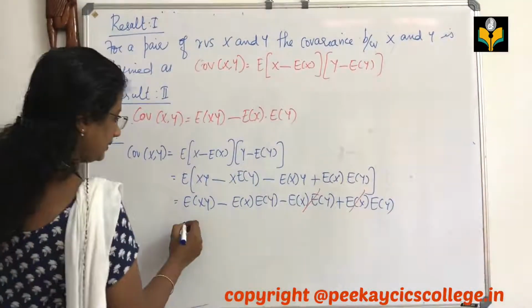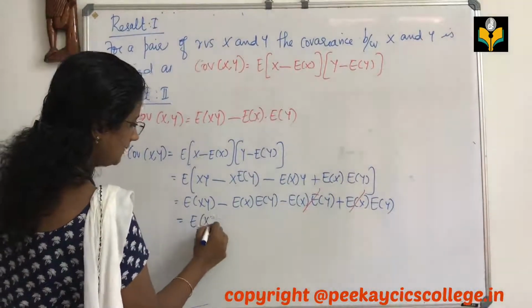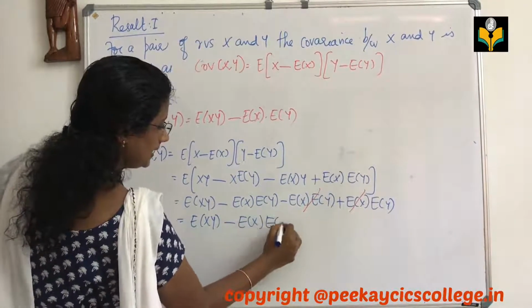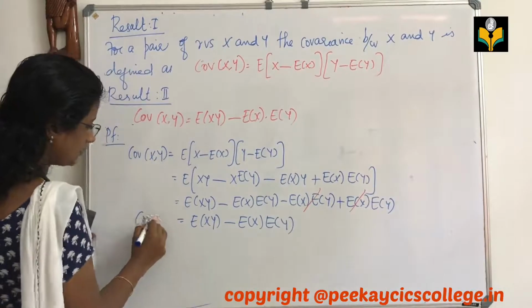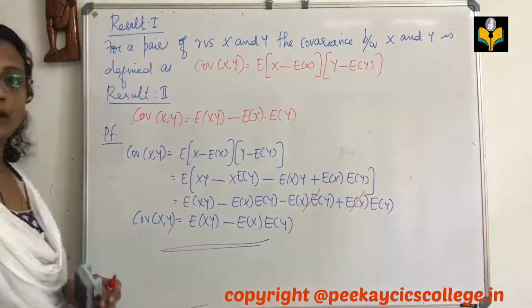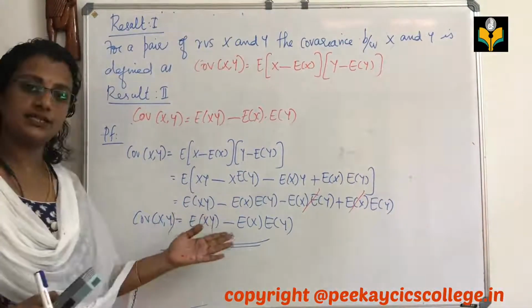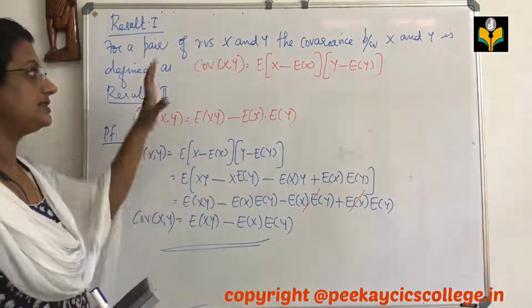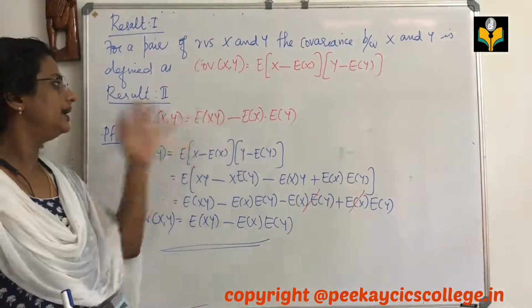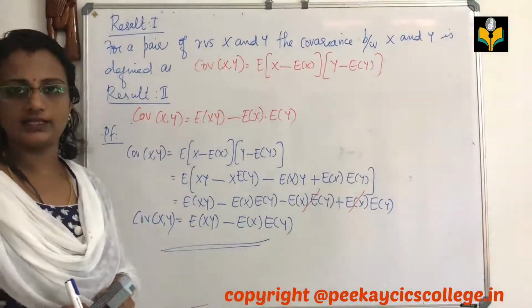Okay, we can write expectation of xy minus E of x into E of y. That is covariance of xy equal to expectation of xy minus expectation of x into expectation of y. You have to study both the formulas: this is the standard formula and this is the other formula for covariance of xy.